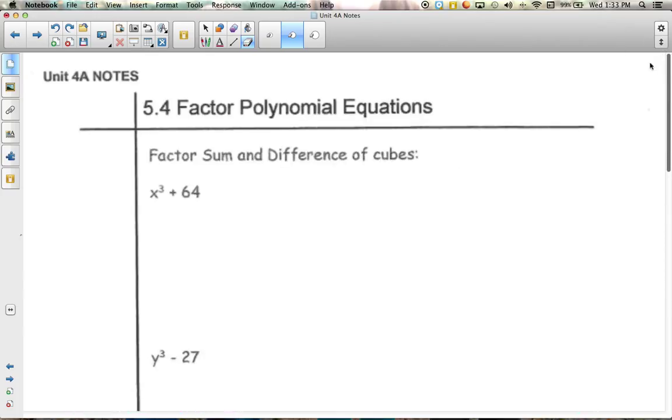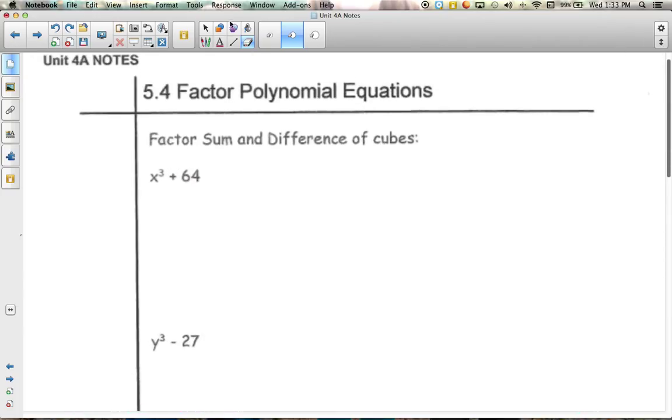So we'll go up to the top of our page, and we will start out with x cubed plus 64. So what you need to do is you need to think, can I take something and cube it and get x cubed? And hopefully you can say, yeah, I can take an x and cube it and get x cubed. Is there some number that I can cube and get 64?